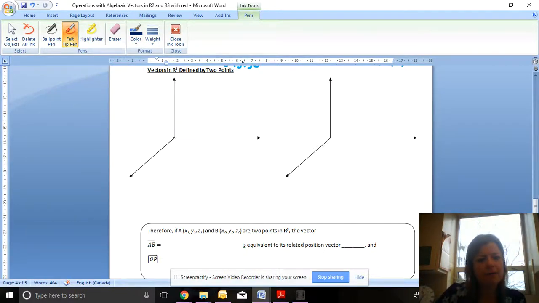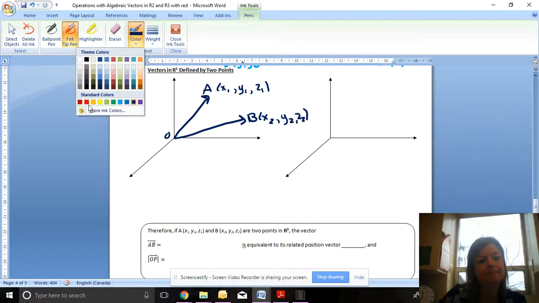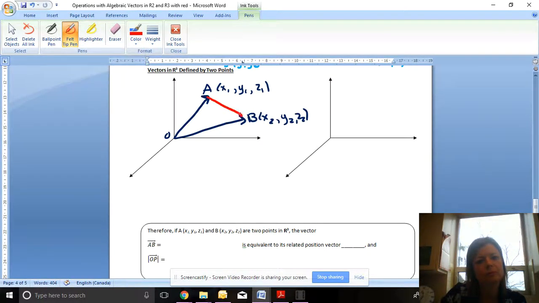So if you have a vector OA, where this is x1, y1, z1, and then you have a vector OB, where this is x2, y2, z2, then the vector AB has a position vector that is an equal vector.